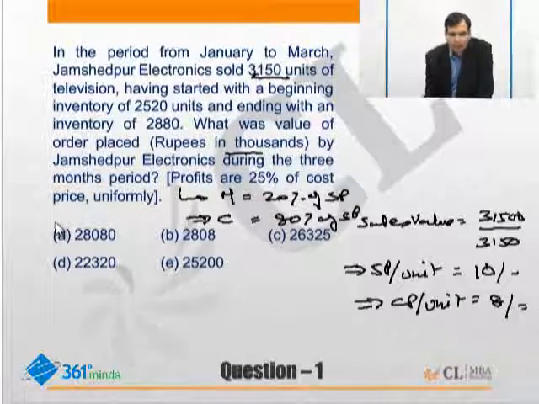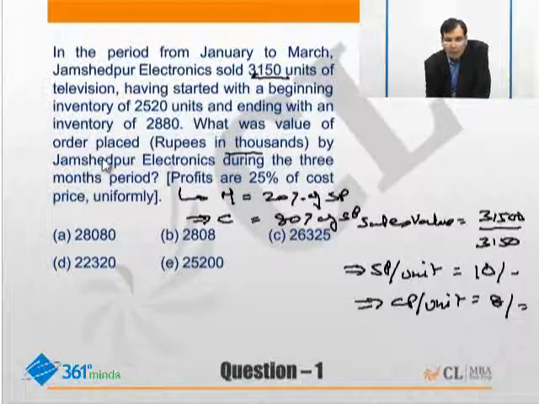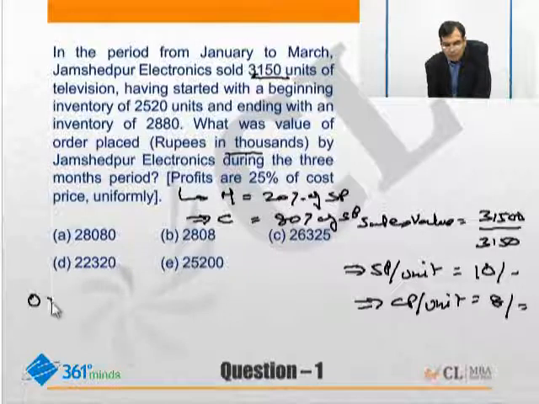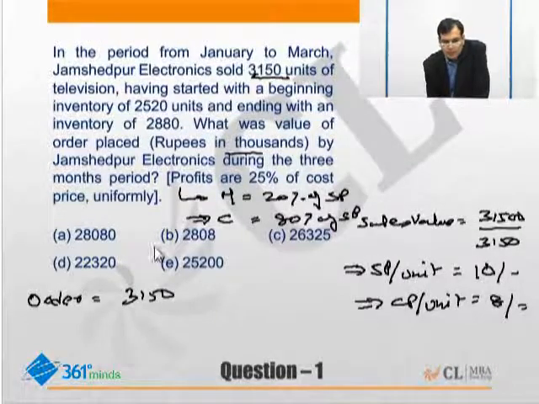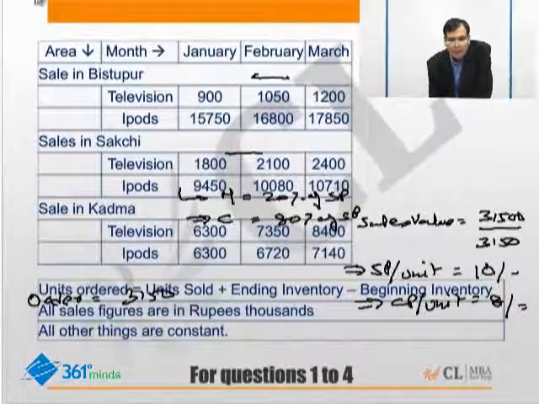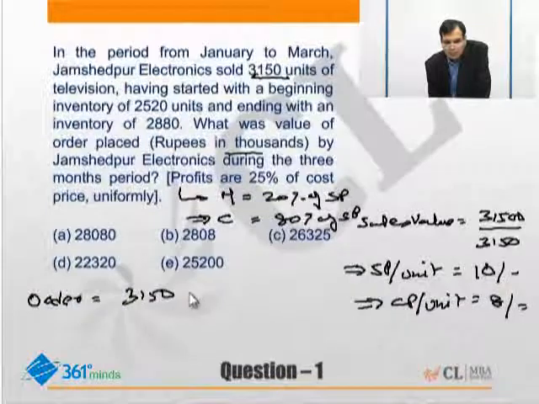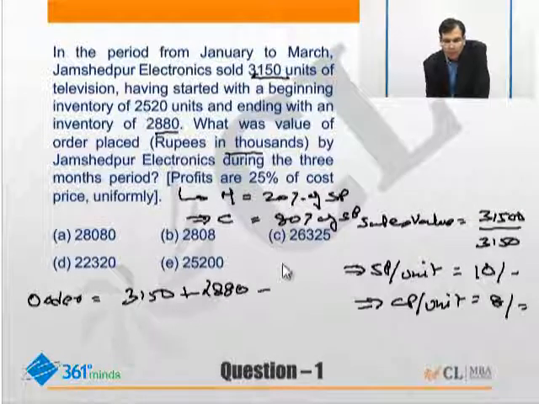Now after that we have a very simple calculation. We need to find the value of the order placed. As per the data given earlier, order placed should be equal to the sales value, 3150. Just going back to the previous screen so that you are clear: units sold plus ending minus beginning inventory. So 3150 plus ending inventory of 2880 minus opening inventory of 2520.